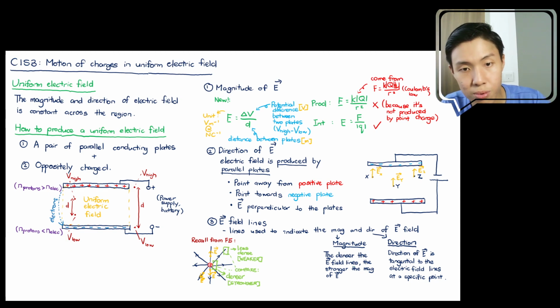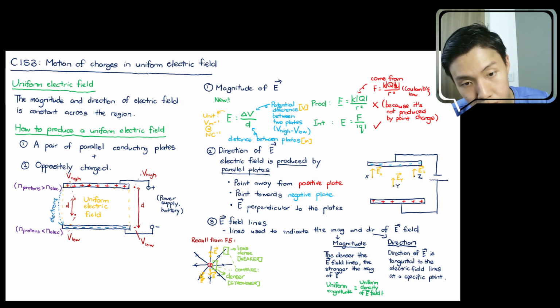Okay, if I talk about uniform electric field, when I say it's uniform magnitude, what do I mean? Is that I will have uniform density of electric field lines.